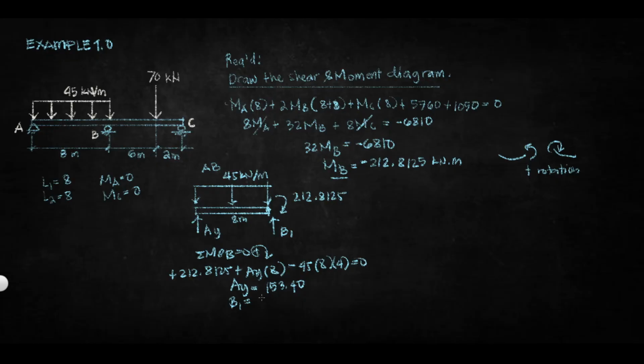So, i-check ko na kasi medyo inaantok na tayo. So, check natin. So, mag-moment po ako sa A. So, we have B times 8. Okay, negative yon. Then, plus 212.8125. Then, plus 45 times 8 times 4.